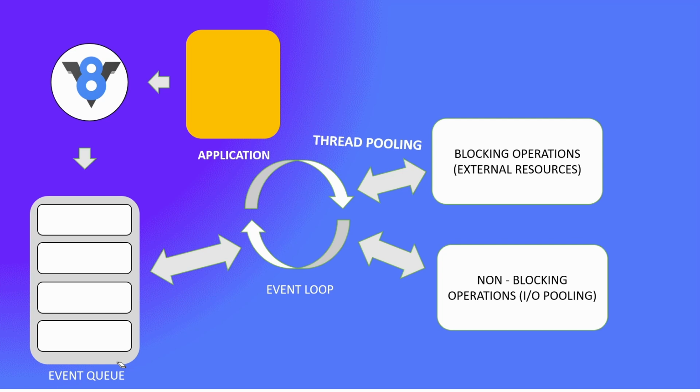If it is going to the blocking operation, it will use an external resource and there will be thread pooling. So the thread pool will work under the process of asynchronous operation.